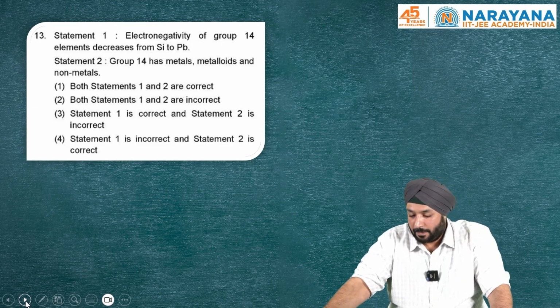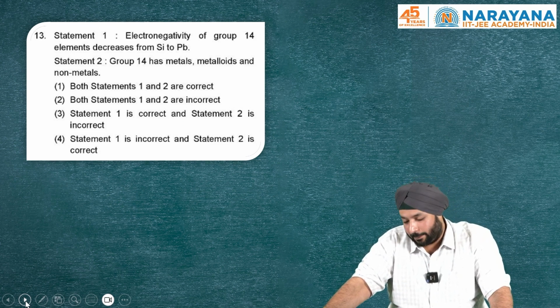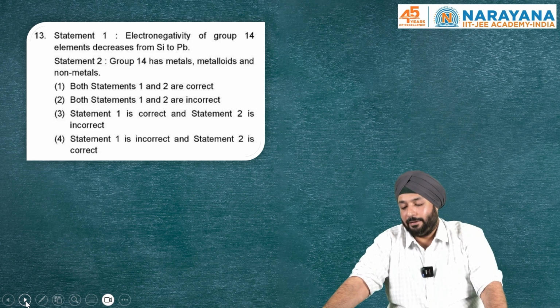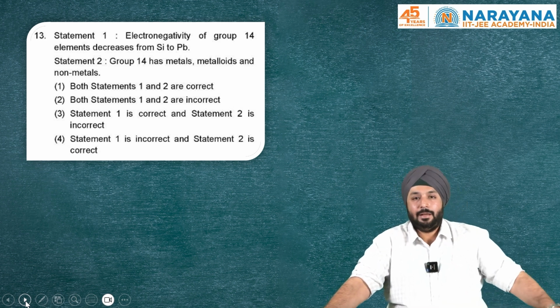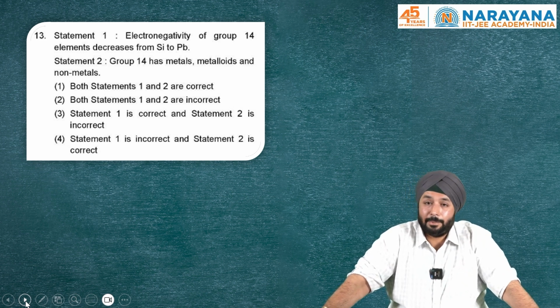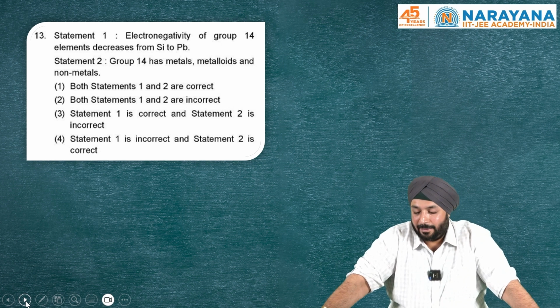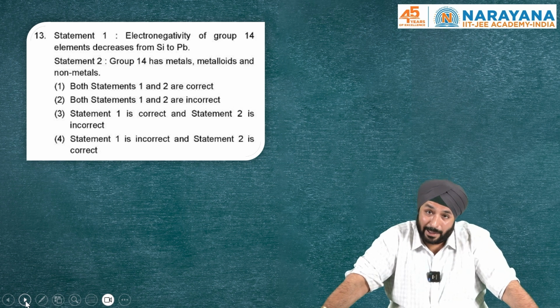13. Statement 1. Electronegativity of group 14 element decreases from silicon to lead. Listen, this question came directly from group 14, that is p-block, right? And Narayana told students specifically, and made them remember all those trends.